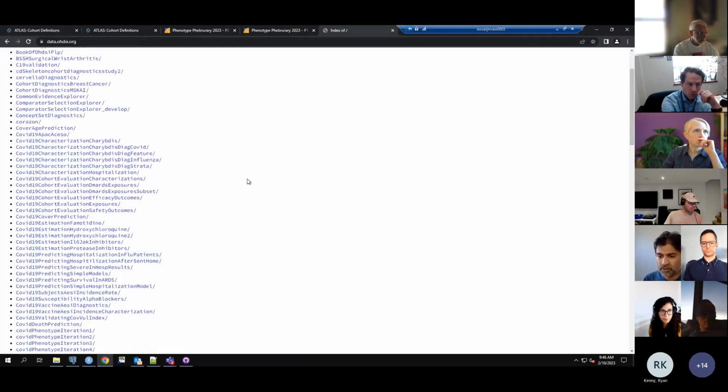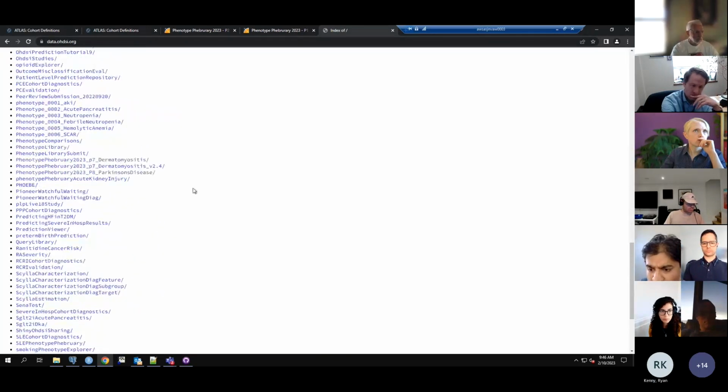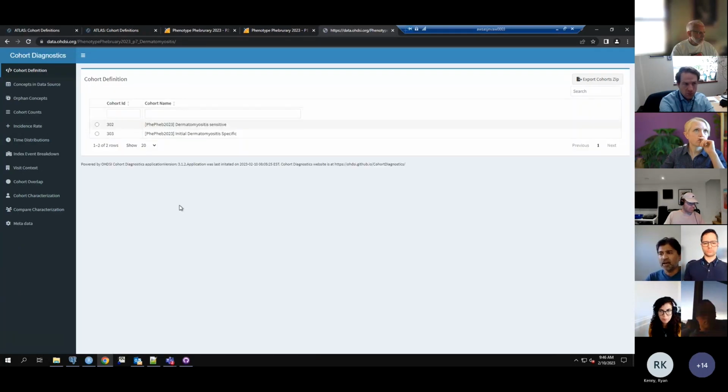So if you go to data.odyssey.org and scroll down to Phenotype February P7 dermatomyositis, you will see the output of the first iteration. Here we have the original sensitive definition and the original specific definition. The original sensitive definition is still the same. The specific definition is the one that is currently being worked on.